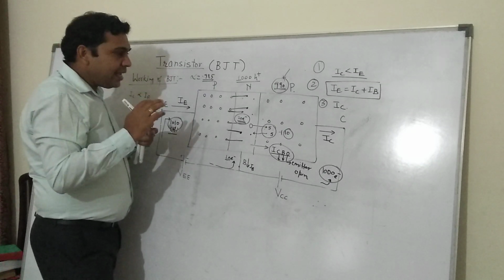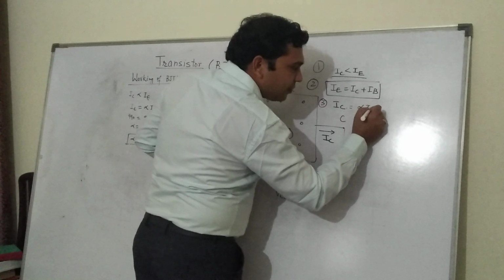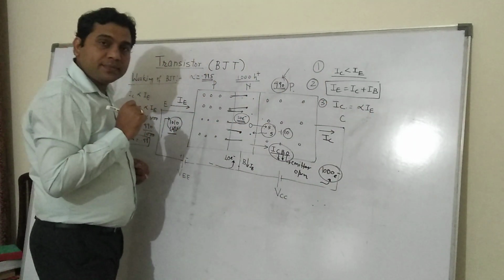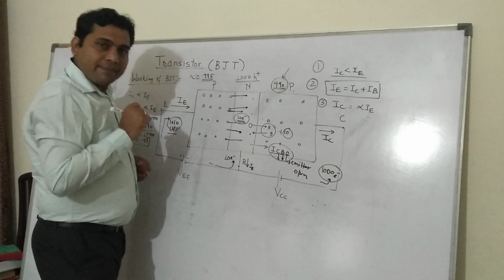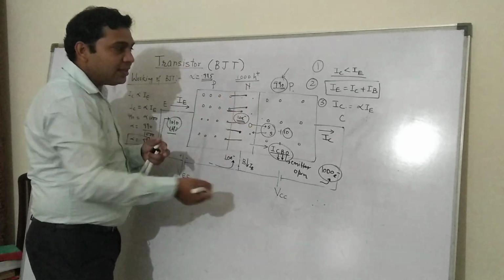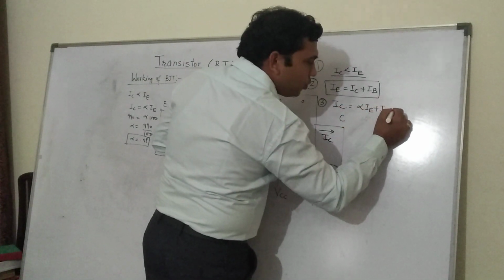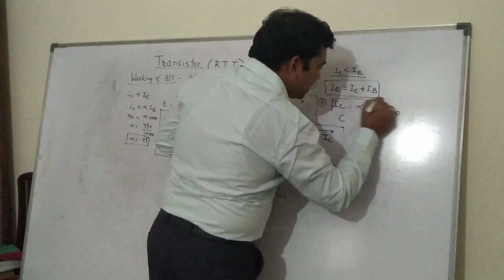So IC has two components. Number one, alpha into IE, the part of the emitter current which is reaching the collector junction, plus ICBO. This is very, very important.